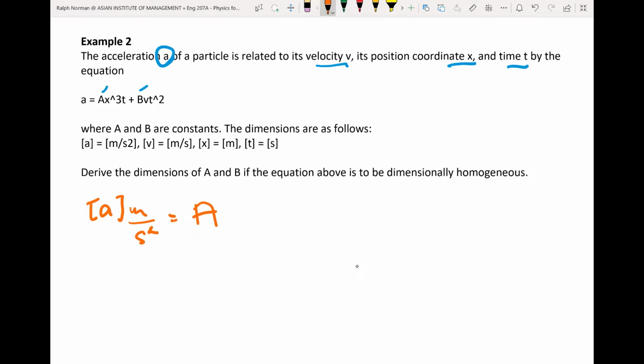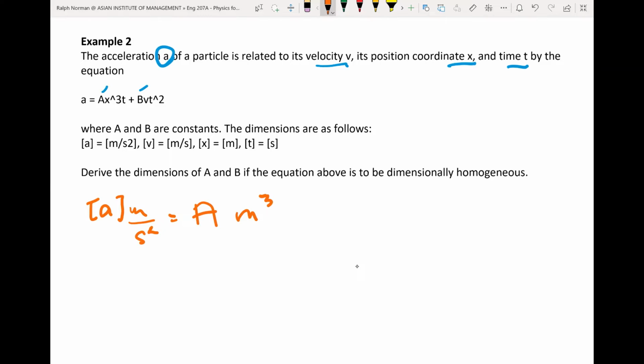And then x cubed, no? So what is x cubed? Let's just plug it in. Wait lang. And x cubed is simply, sorry, it's meters, no? And so m cubed.